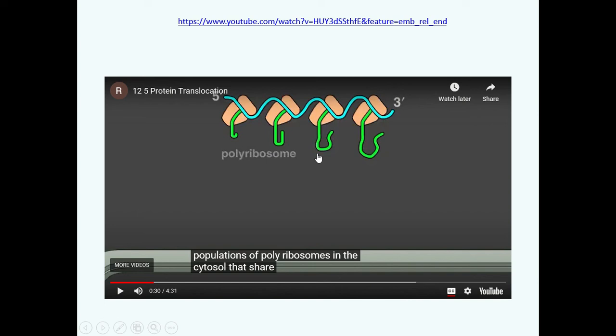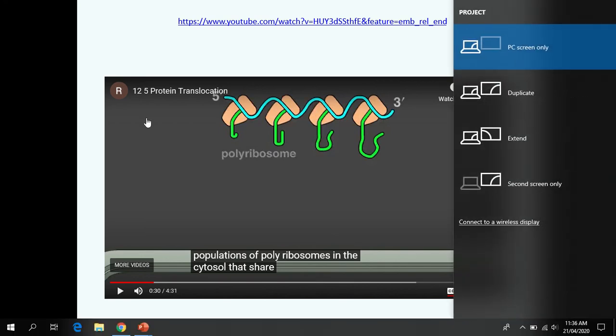So that's another animation showing the same process. The messenger RNA is shown in blue color here, and these structures are the ribosomes which are attached to this messenger RNA.